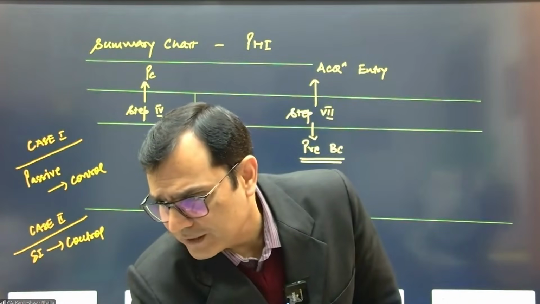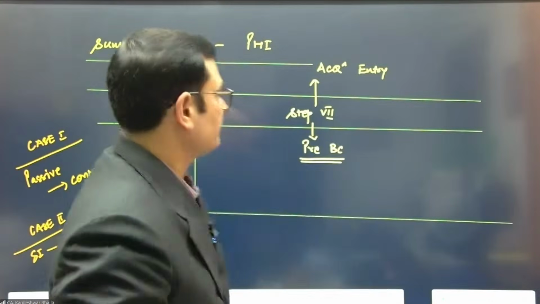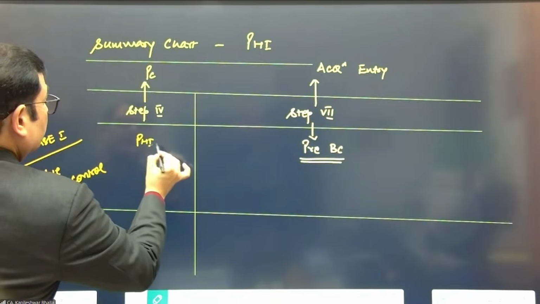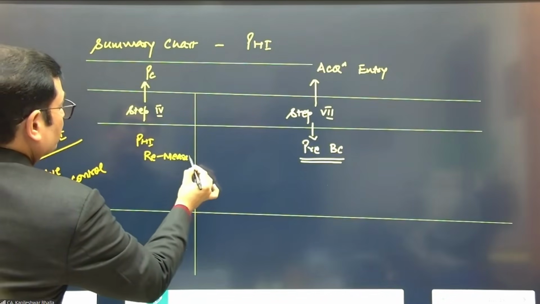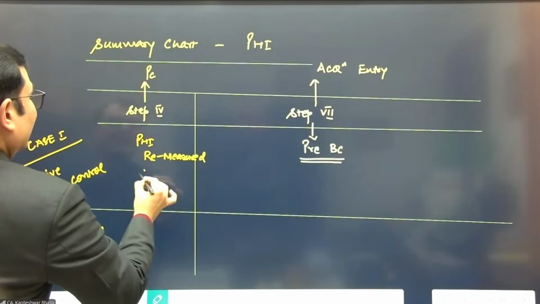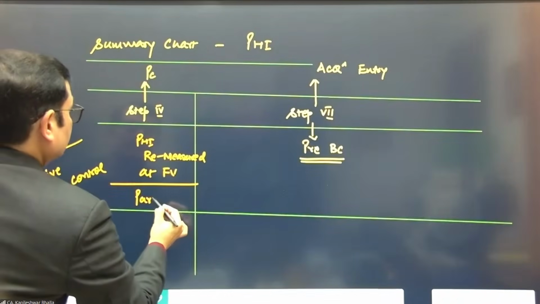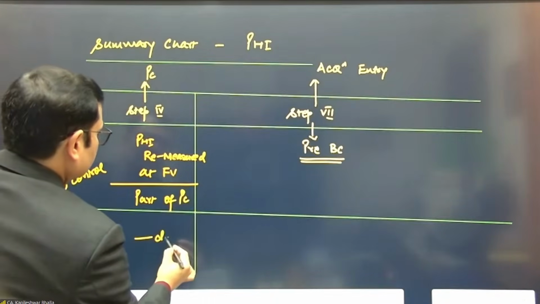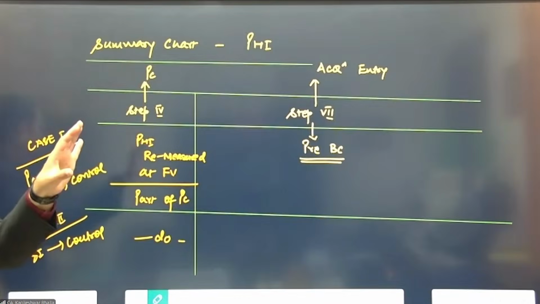Wonderful indeed. So the PHI is remeasured at fair value and is a part of PC, and this is common to both case 1 as well as case 2.